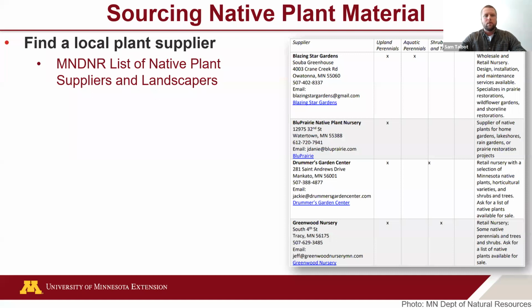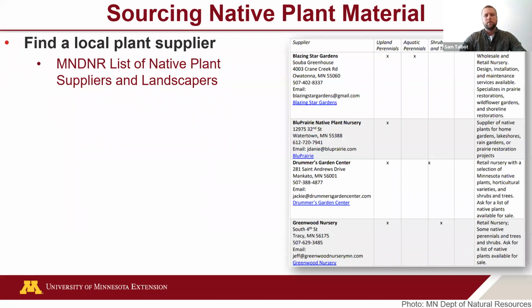So I know before there's a lot of questions about sourcing plant material. One of my favorite lists is the Minnesota DNR list of native plant suppliers and landscapers. This is broken down by regions within the state, and it's kept up fairly regularly. This is just a small sample from a fairly extensive list.